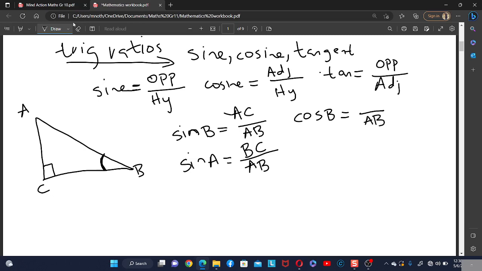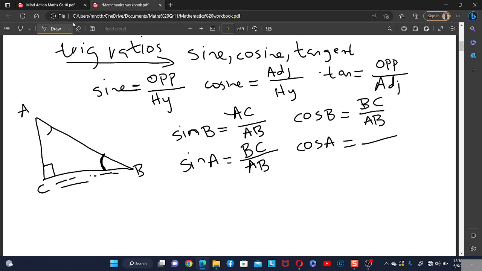Already this is the sine of 90 degrees. The opposite side is this one, so obviously this one is the adjacent, adjacent to angle B. So it is BC.